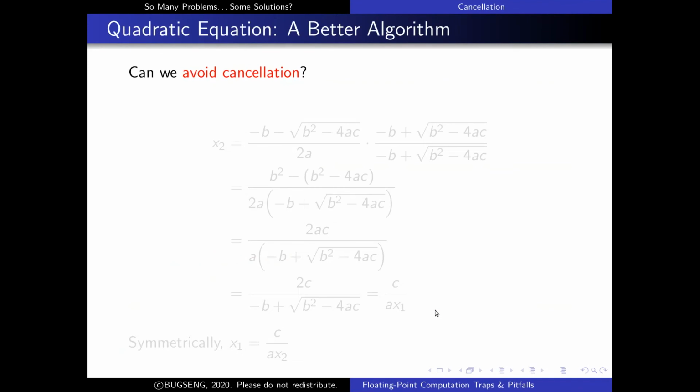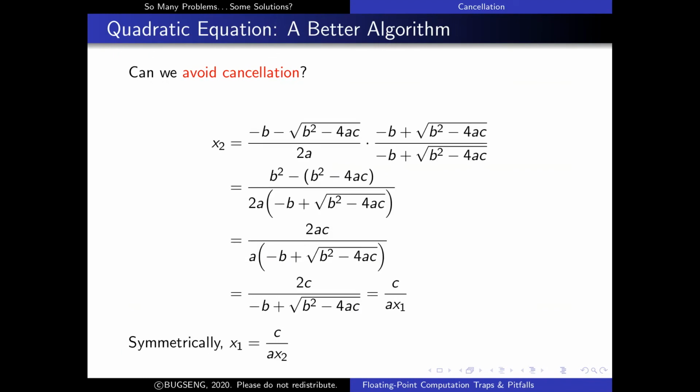Okay, then can we avoid cancellation? Well, if we do some basic computation on the reals, we discover that x2 and x1 determine each other. So x2 is c divided by a x1, and symmetrically x1 is c divided by a x2.